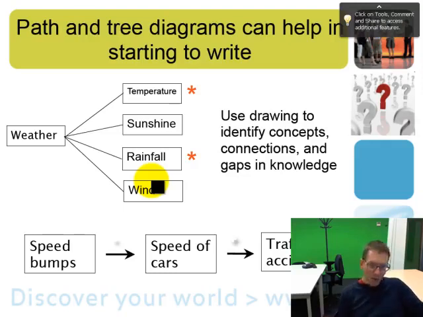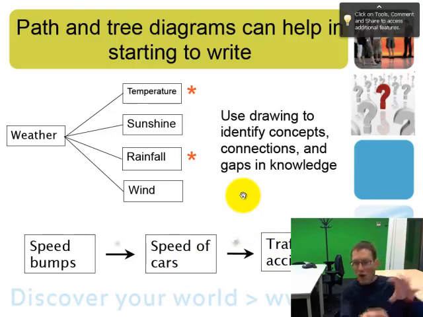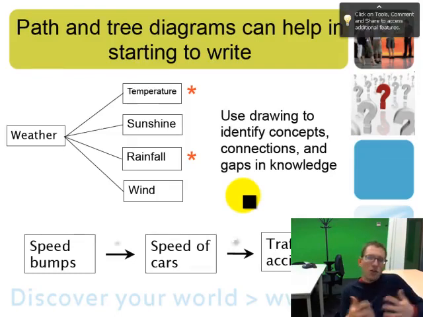That is, one thing causes another, like speed bumps slow down cars and therefore reduce traffic accidents. And so you can draw a diagram where these things are in boxes and they're connected with arrows. If you have a picture of sort of boxes and arrows, that's a good starting point for writing because it gives you a structure right to begin with.